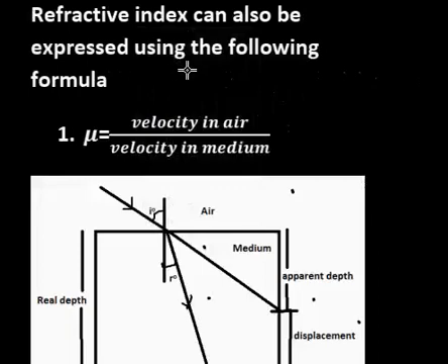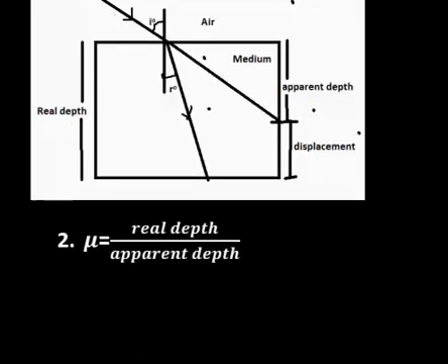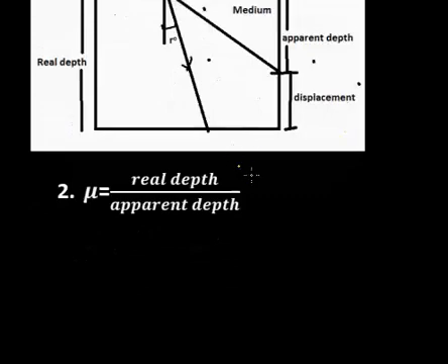So this is another formula. Refractive index can be evaluated using the velocity of light in air divided by the velocity in that particular medium. Refractive index can also be given as real depth over apparent depth.